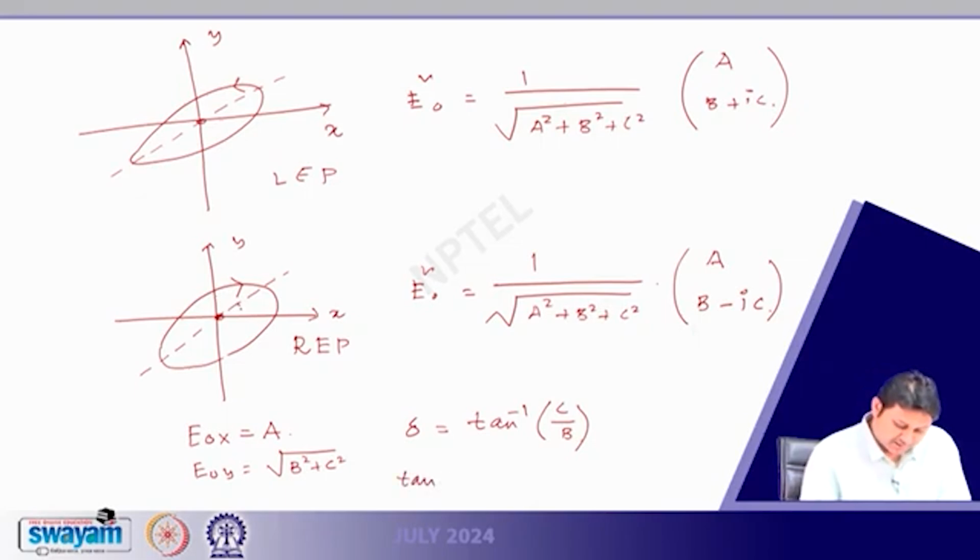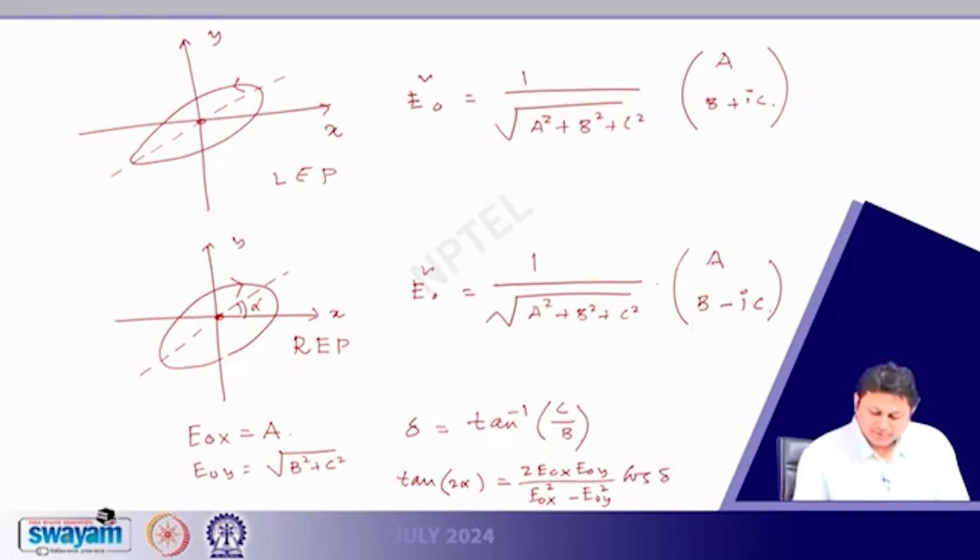So, if this angle is alpha, then tan of 2 alpha, as per our expression, is 2 times, let me write down first, E 0 x E 0 y, whole divided by E 0 x square minus E 0 y square, and then we have cos of delta.